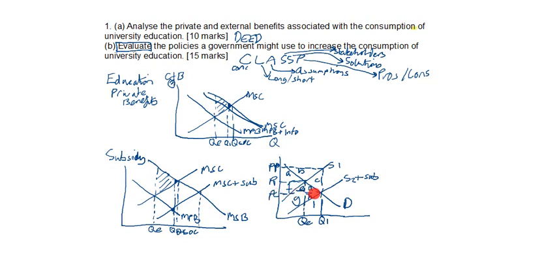As we can see there, they get extra consumer surplus of F, E, and A. Producers actually get a higher price because of the subsidy, so they get extra producer surplus of A, B.